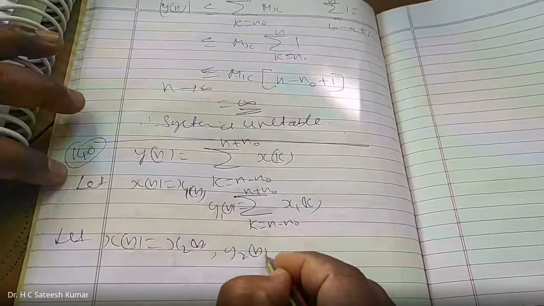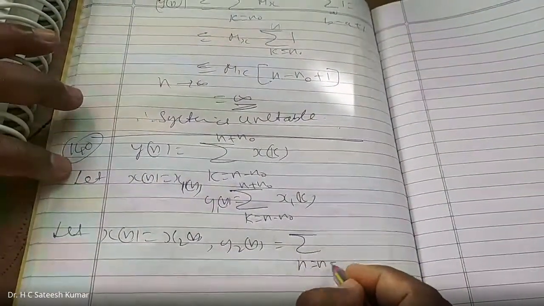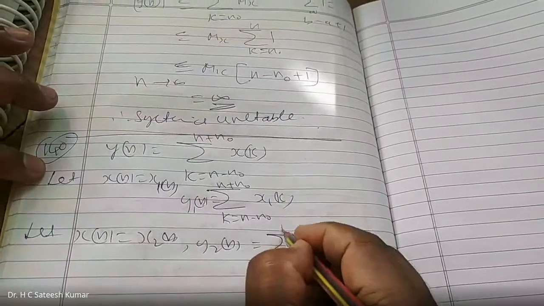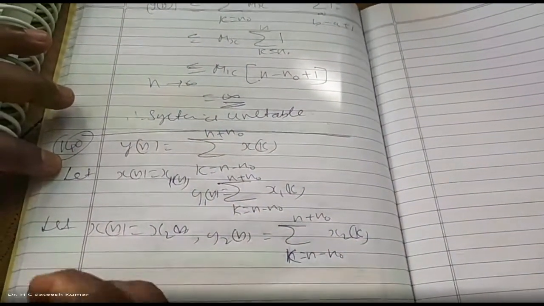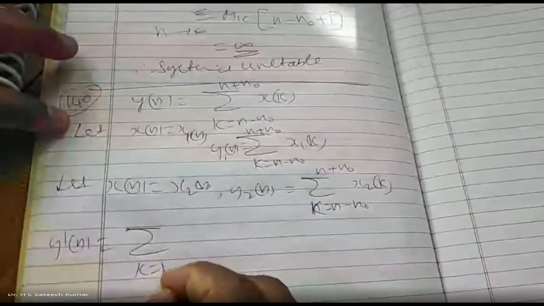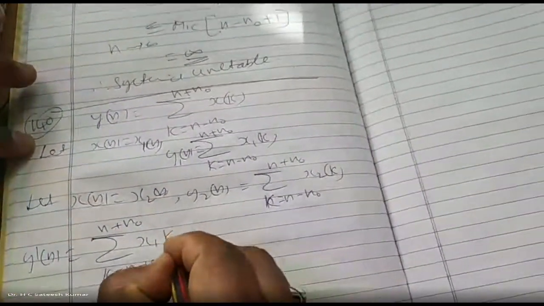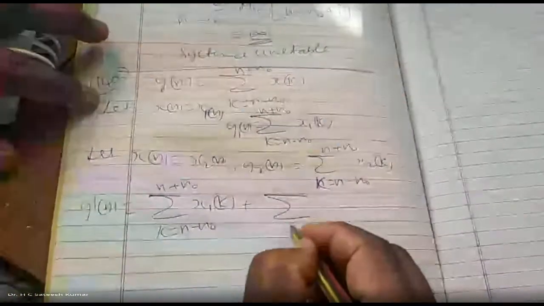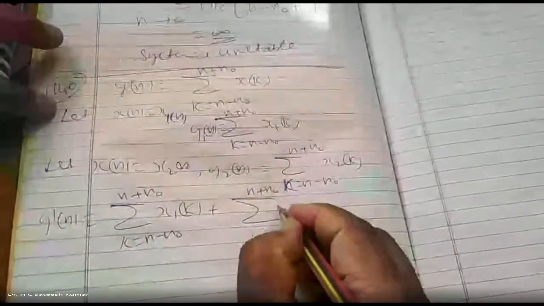Y2 of n is equal to summation k varies from n minus n naught to n plus n naught x2 of k. Therefore, y dash of n is equal to summation k varies from n minus n naught to n plus n naught x1 of k plus summation k varies from n minus n naught to n plus n naught x2 of k.